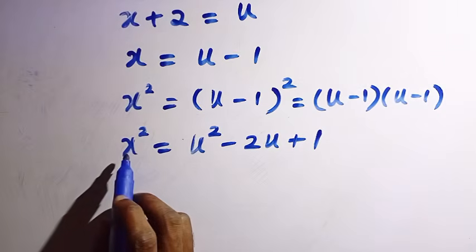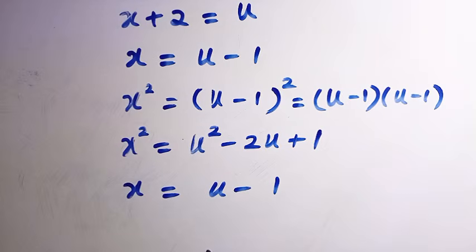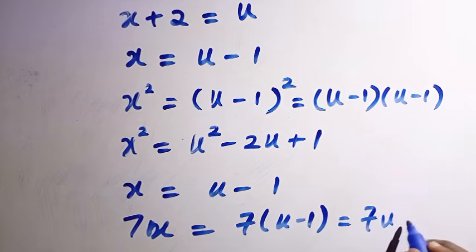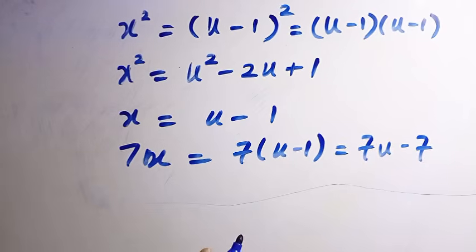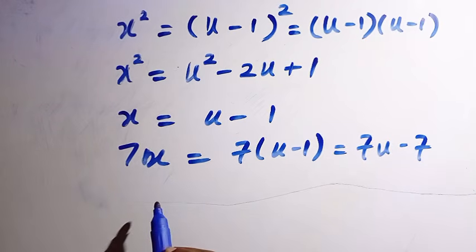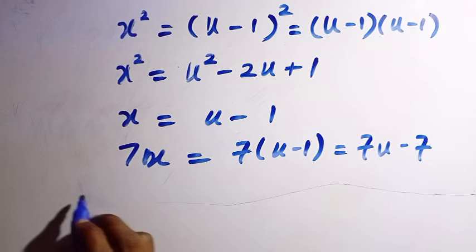Also, if I multiply x equals u minus 1 by 7, we have 7x equals 7 bracket u minus 1, and this gives us 7u minus 7. So I've gotten some terms on the right hand side: x squared has been gotten and 7x has been gotten. Let's replace everything back in the question.